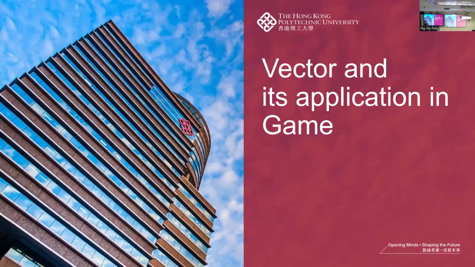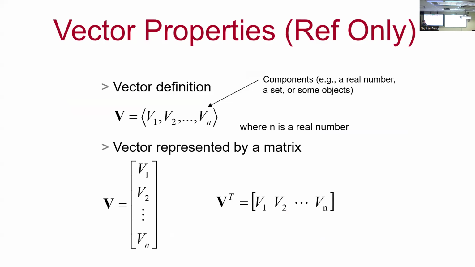More about the vector and the matrix, because vector and matrix are the fundamentals of our computer graphics. In fact, the fundamentals of computer graphics contain three things: vector, matrix, complex number.